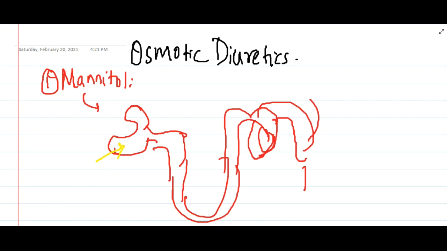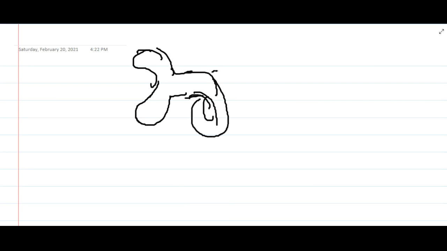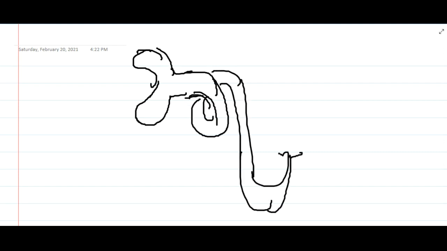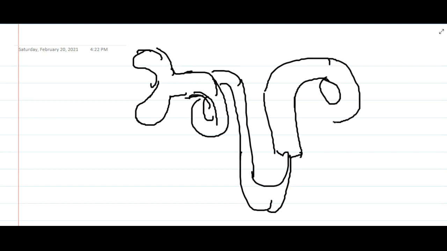I will just draw it again here so that it becomes easier. This is the glomerulus, this is the proximal convoluted tubule, then we have the loop of Henle, then the distal convoluted tubule, then going to the collecting duct.